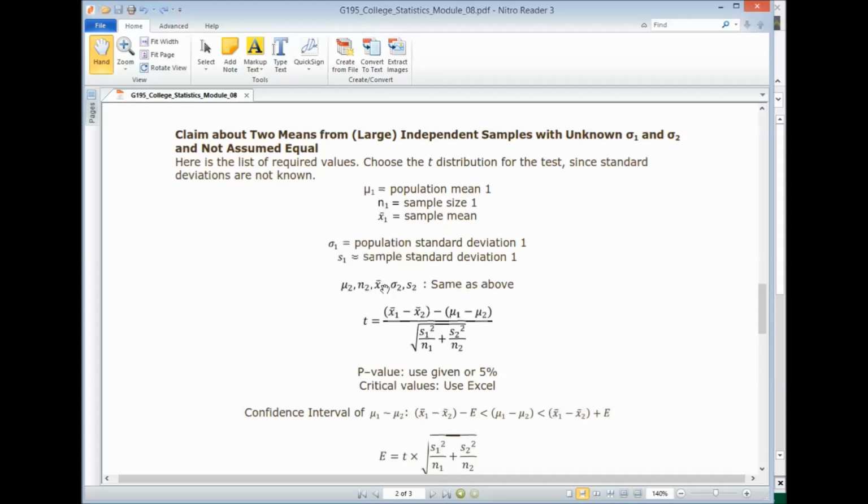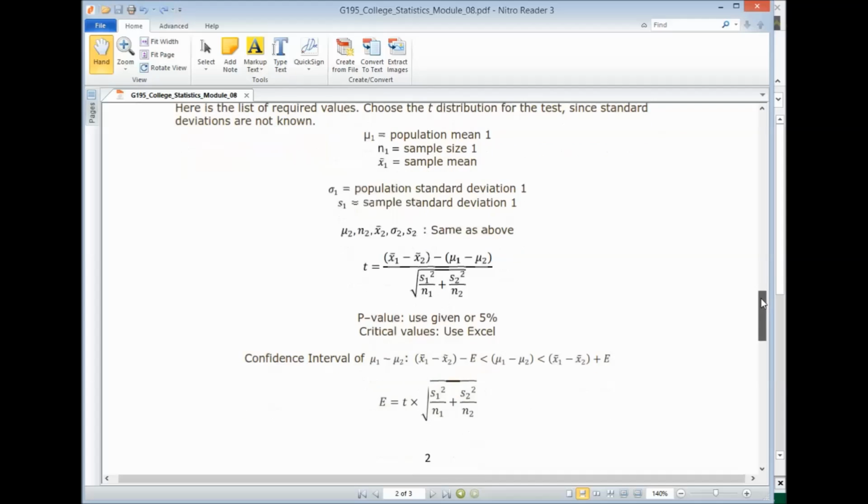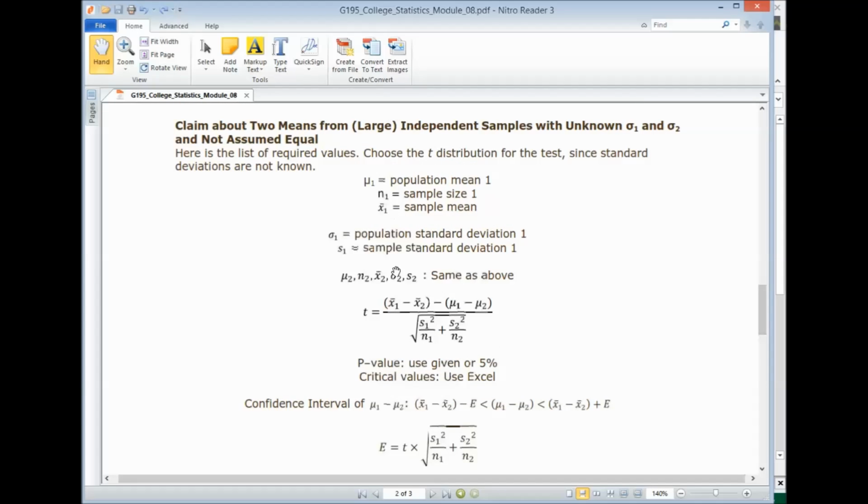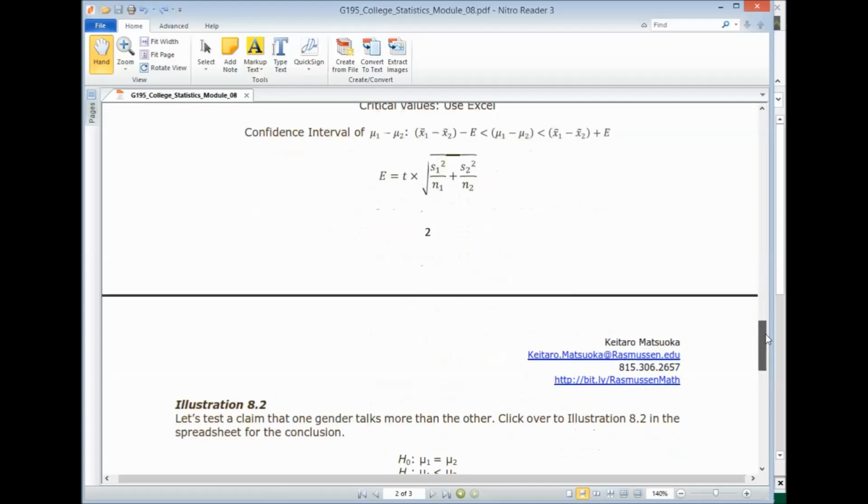And then here's the formula for the test statistic, which is t. And the rest is the same. We use a p-value and a critical value, and we use Excel to figure those out. Here's a confidence interval formula. And the margin of error is this thing right here. So we'll be using these formulas and then numbers from here in Excel.